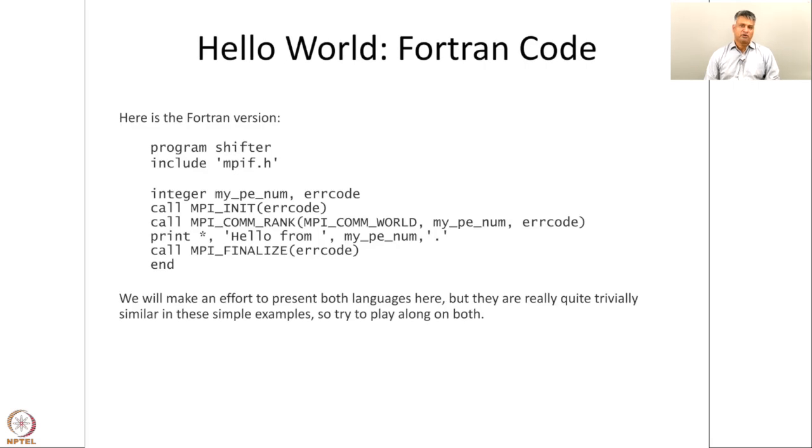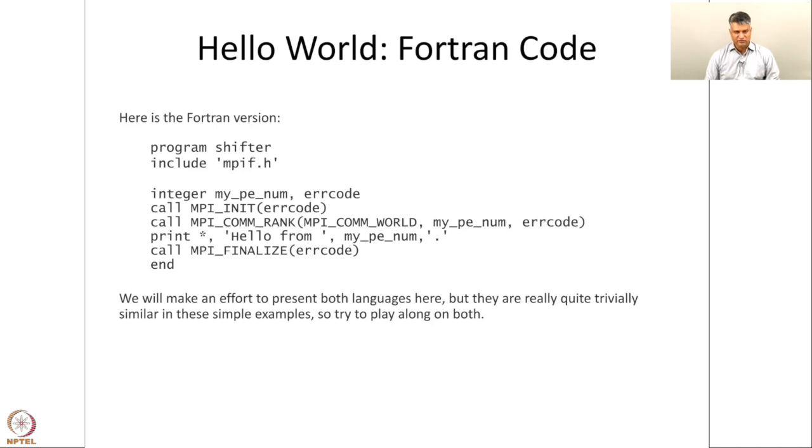A comparative Fortran version looks like this, where again I have to include the function definitions using include mpif.h. And here I call very similar functions, call MPI_Init, MPI_Comm_rank, and MPI_Finalize.